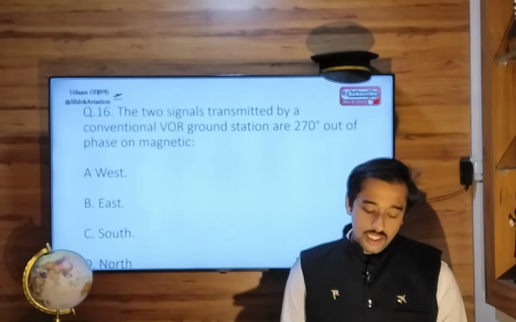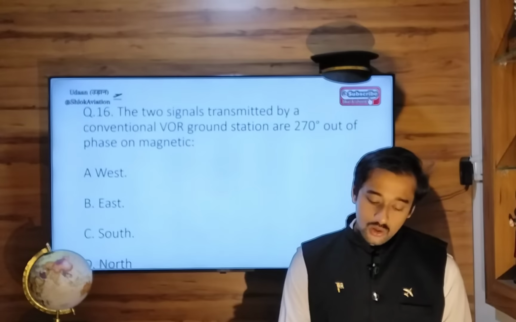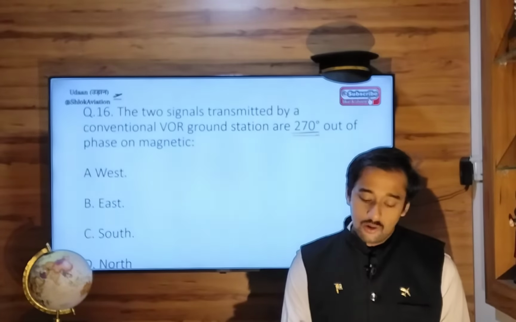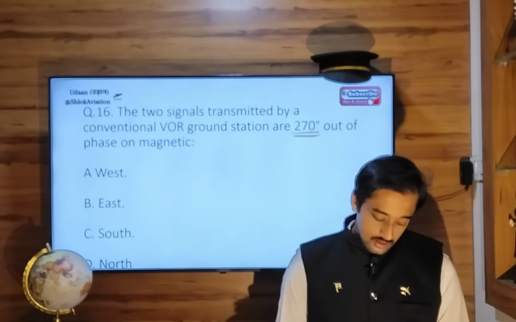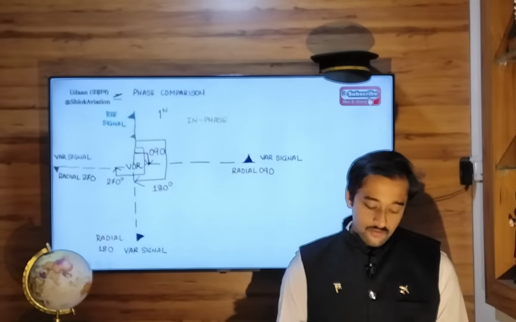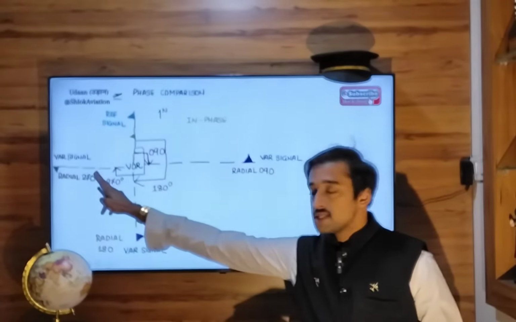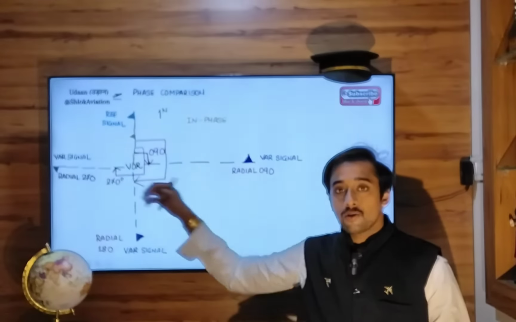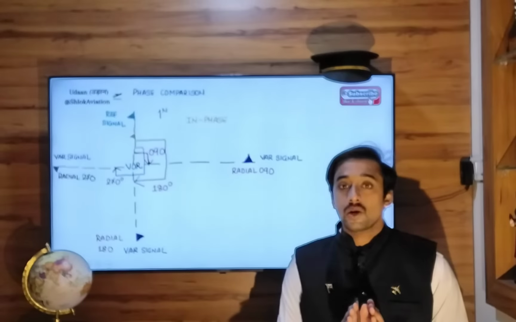The two signals transmitted by a conventional VOR ground station are 270 degrees out of phase. Now these two signals are 270 degrees out of phase. So that will happen where? See, this is your reference signal. This is your variable signal in the purple color. Now they are out of phase, meaning the reference signal and variable signal are not coinciding.